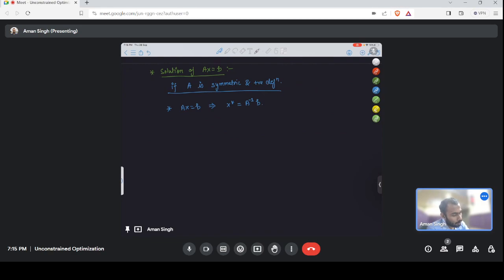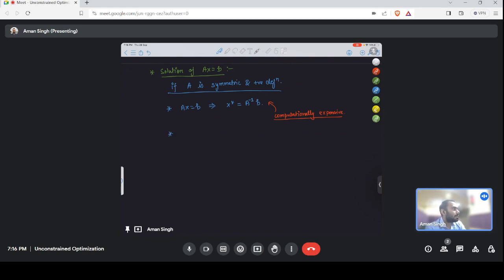This is one method, but it is very computationally expensive, so we generally don't do this in computers. Finding A inverse is very costly.